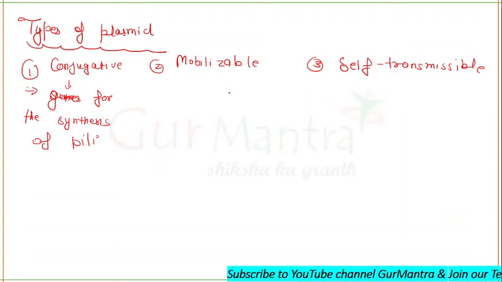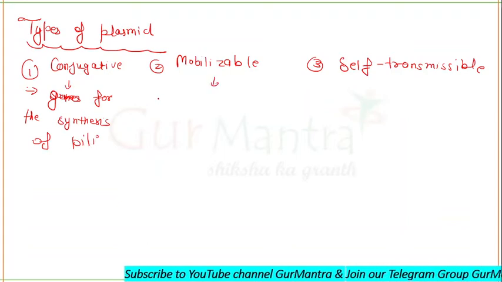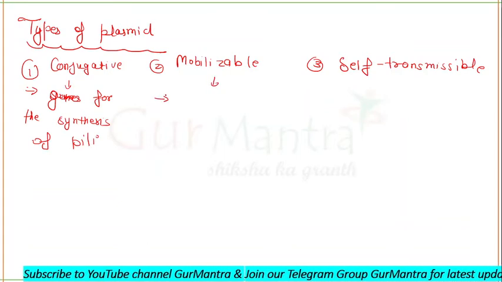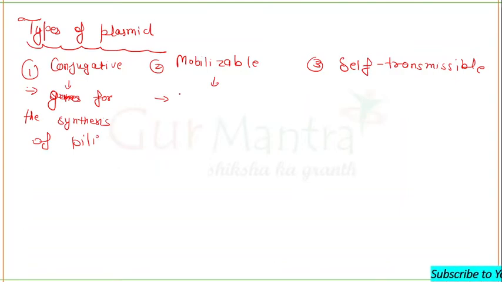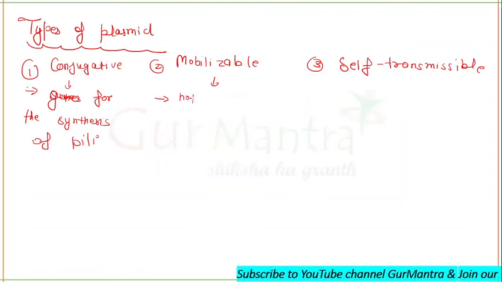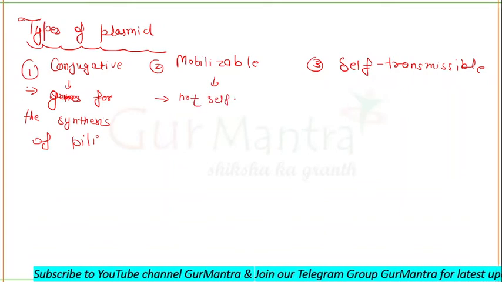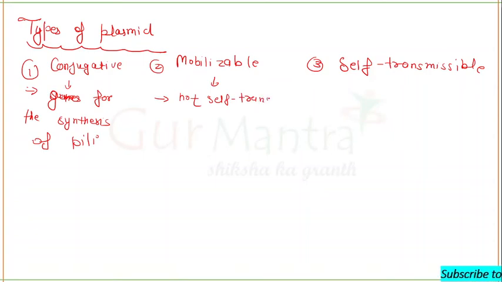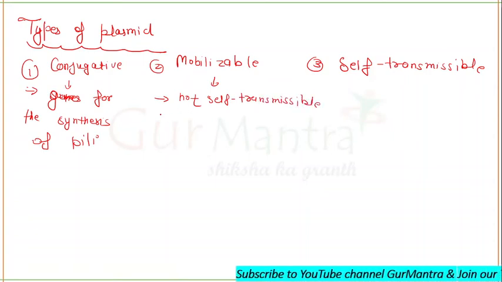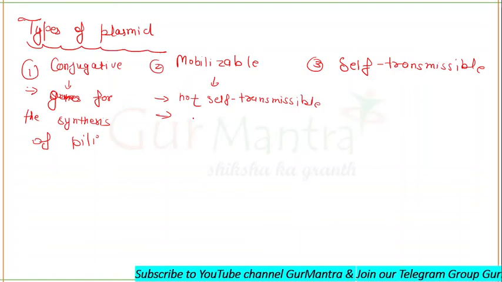Then comes the non-mobilizable plasmid. This plasmid is not self-transmissible. It cannot move itself. If it is not self-transmissible, it means it does not have TRA genes.